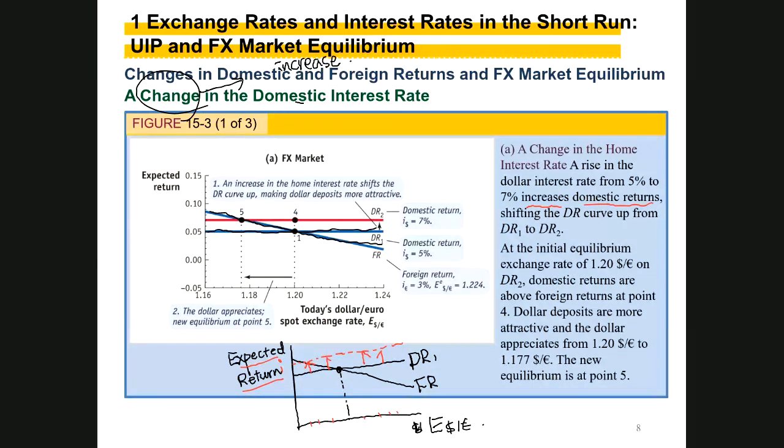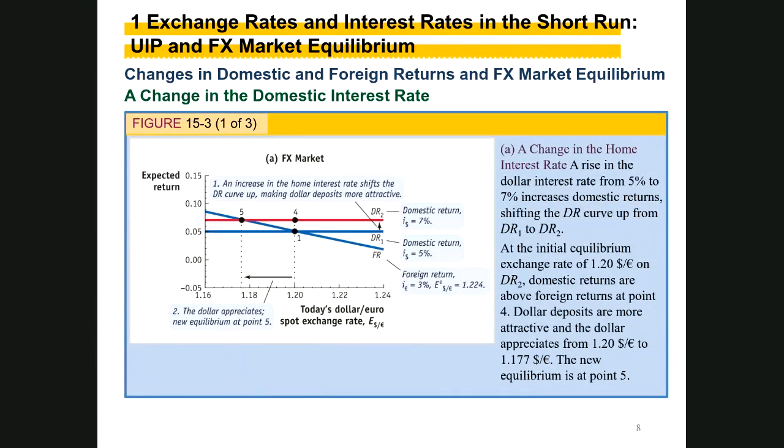That's what this graph shows you. So an increase in the home interest rate shifts the DR curve up, making dollar deposits more attractive. We see the dollar will appreciate, with the new equilibrium at point 5.